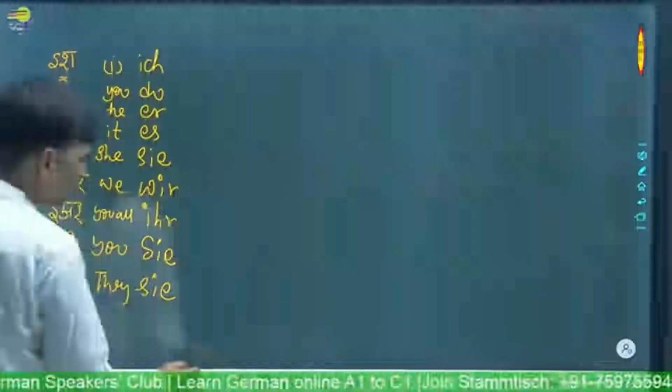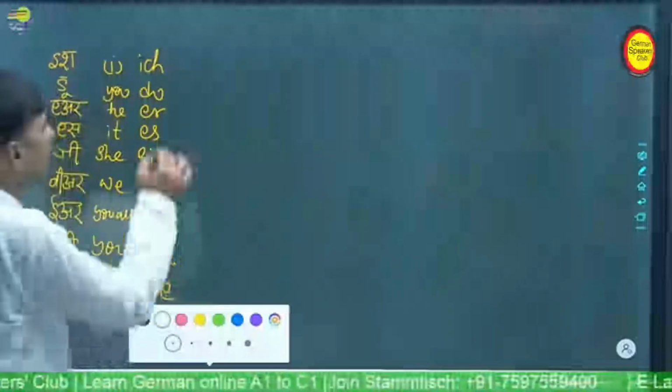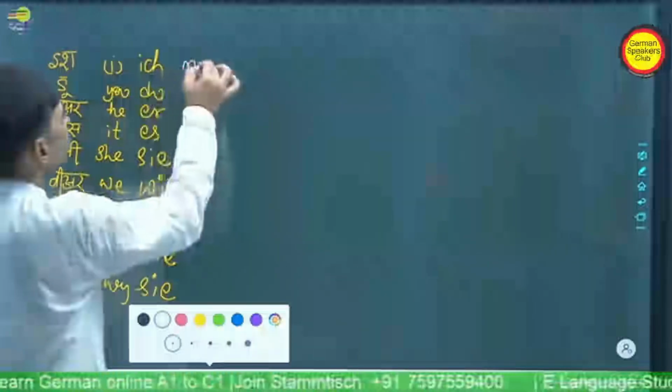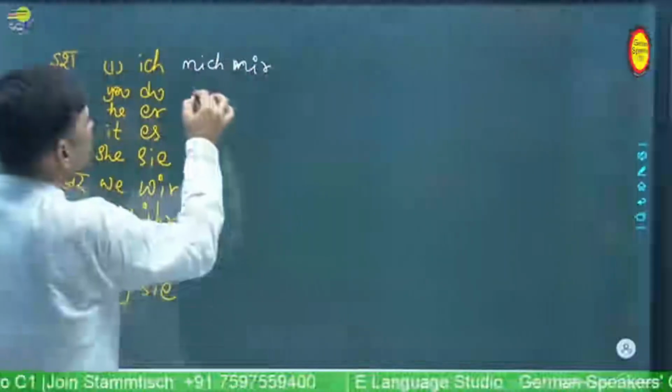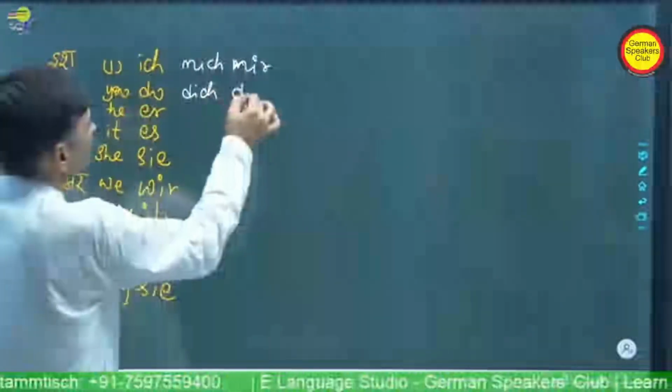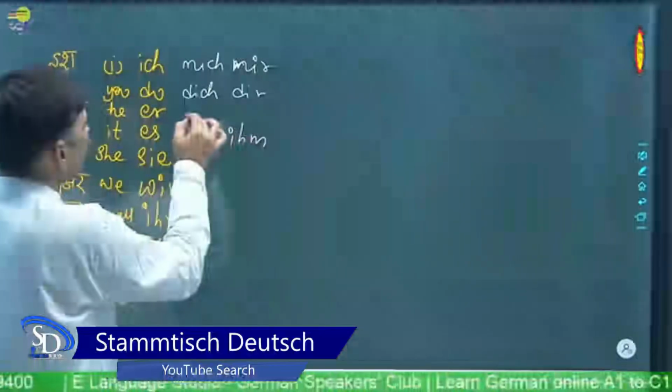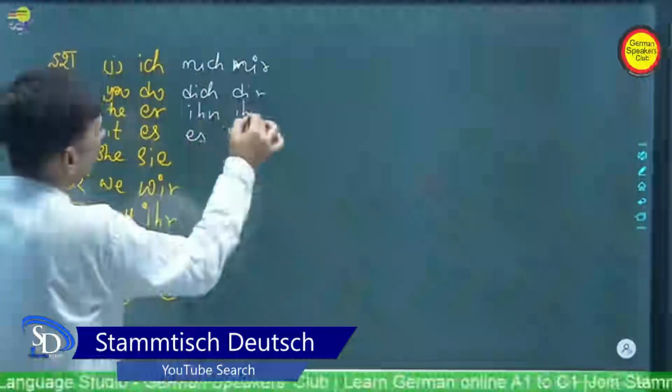This is for I, this is for you, he, it, she in English, but sie in German, then we, then you all, then you as a formal one, and they for plural.